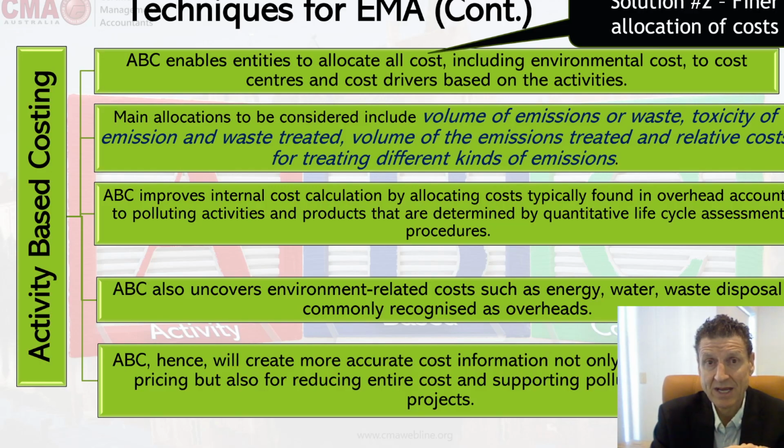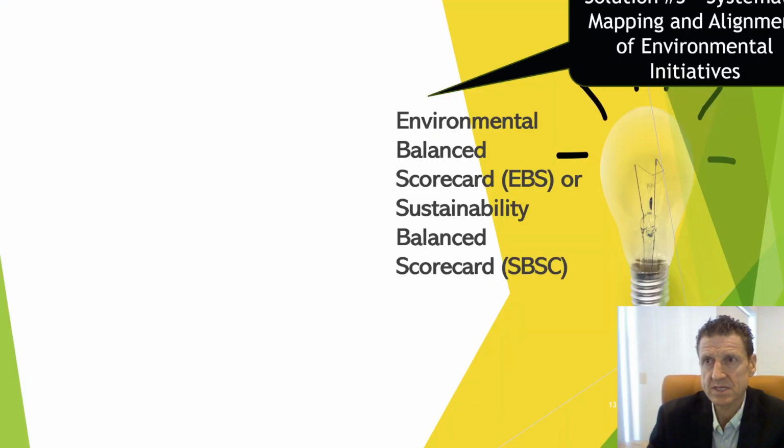So we're actually not just allocating costs to a big overhead, we're allocating costs based on a larger number of cost drivers. So it's not just machine hours that we allocate overhead to the product. We may not use machine hours, we may actually use other cost drivers to allocate to the product. So solution 2 is a finer allocation of costs.